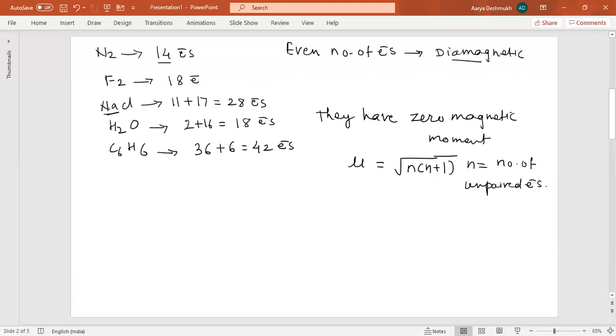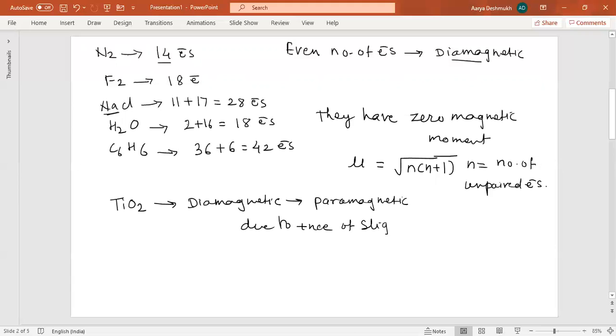Now there is one exception here. Titanium dioxide, TiO2, is diamagnetic actually, but it shows paramagnetism, or behaves as a paramagnetic one, due to the presence of slight non-stoichiometry.